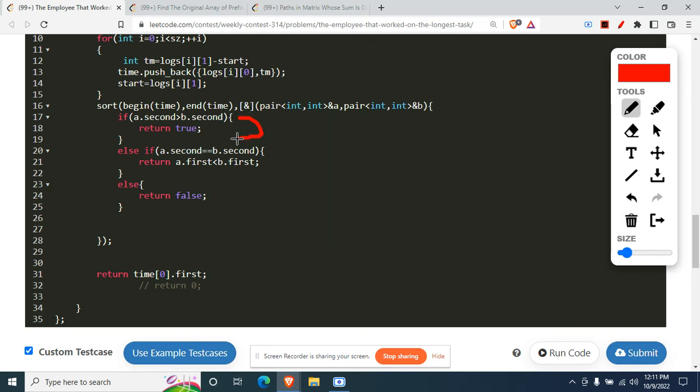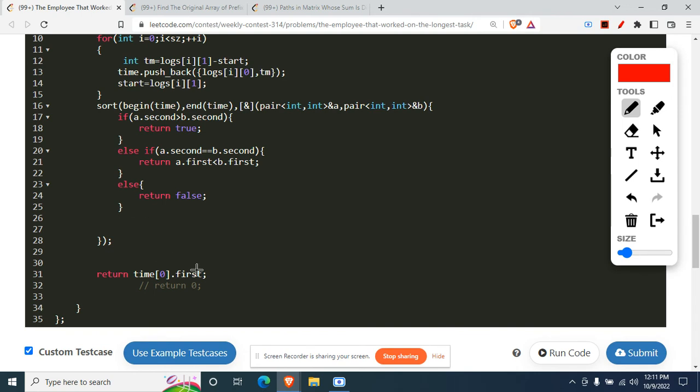If my first time is greater, I'm sorting on the basis of time. That is the condition. Otherwise, if two timings are the same, let's say both employees take the same time, I'm sorting on the basis of their IDs. That is what a dot first and b dot first represent right here.